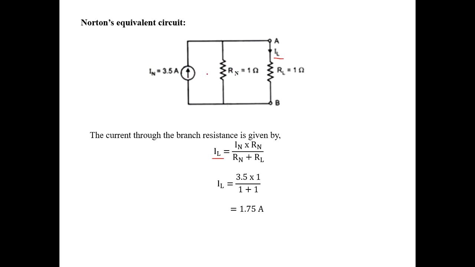IL equals total current, 3.5 ampere, into opposite resistance. This is the RL resistance, so the opposite resistance is RN. The RN value is 1, divided by the sum of the resistances, 1 plus 1, which gives a load current value of 1.75 ampere. This is the answer.